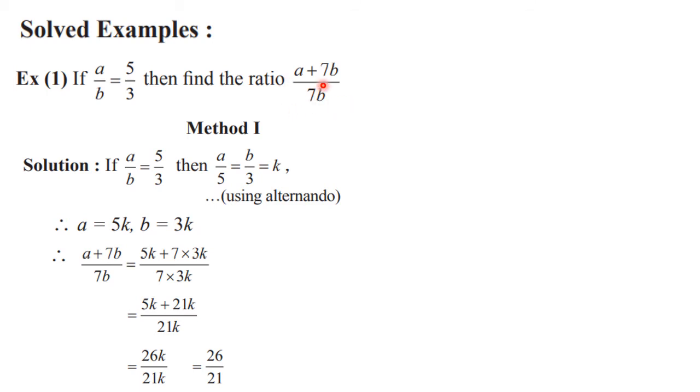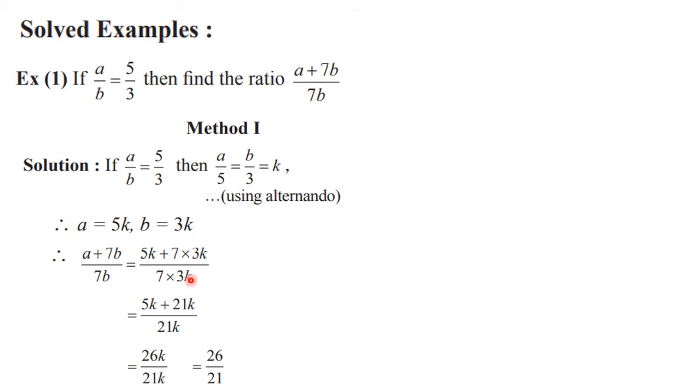So I want to find out A plus 7B upon 7B. Write it down: A plus 7B upon 7B. Now in place of A, we will substitute 5K, and in place of B, we will substitute 3K. So in place of A, 5K is written, plus sign as it is, 7 as it is, in place of B, 3K is written, divided by 7 as it is into, in place of B again 3K is written.